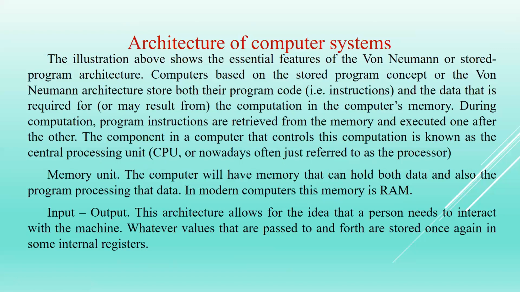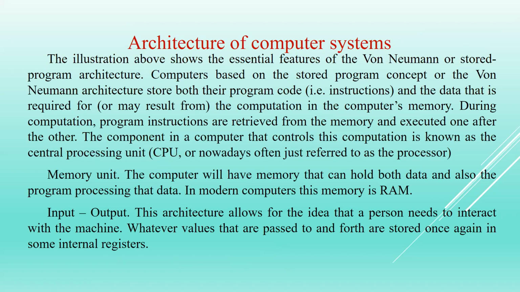During computation, program instructions are retrieved from the memory and executed one after the other. The component in a computer that controls this computation is known as the central processing unit. It's called the CPU, or nowadays often just referred to as a processor.